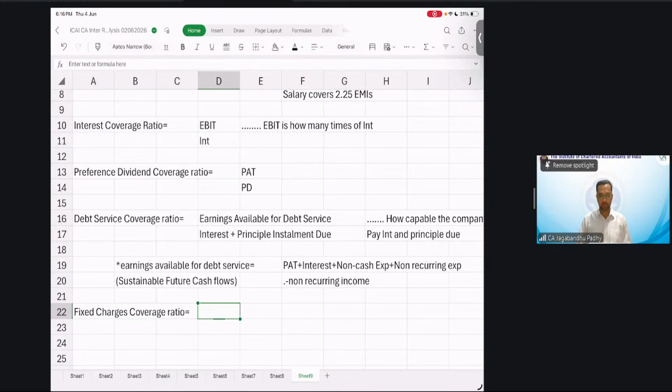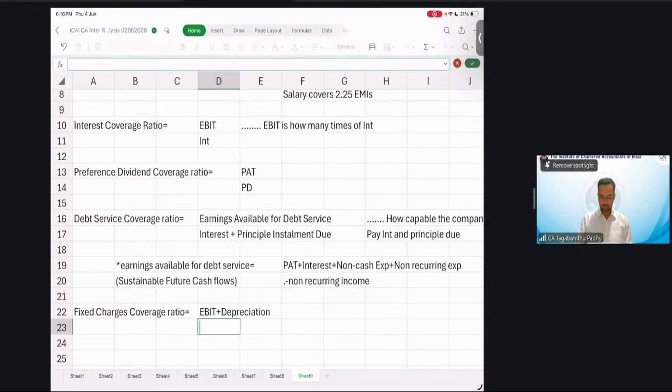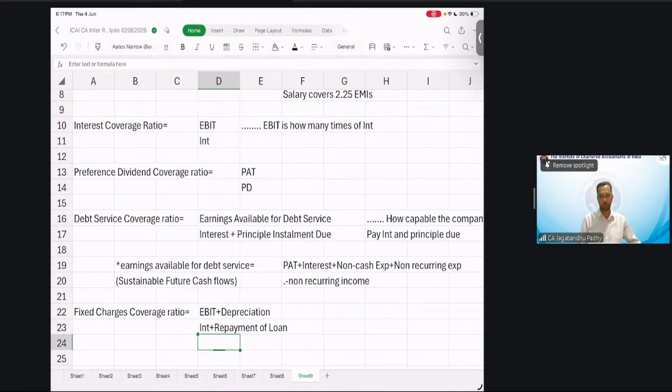Fixed charges coverage ratio is EBIT, which is already a before-interest number. We add depreciation to it: EBIT plus depreciation upon interest plus repayment of loan, or basically the principal amount.